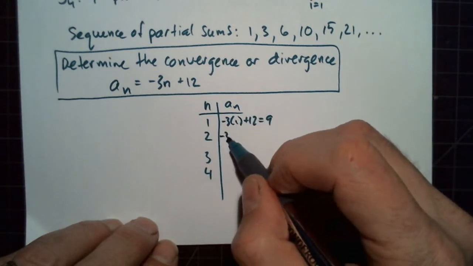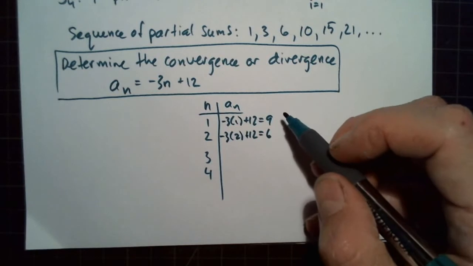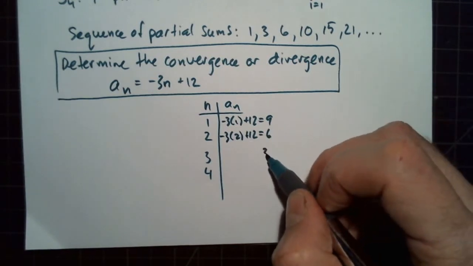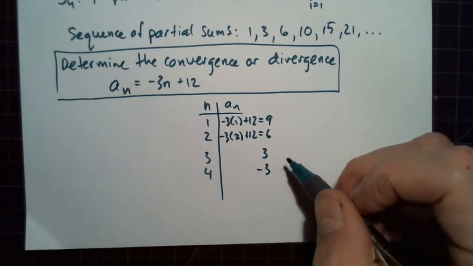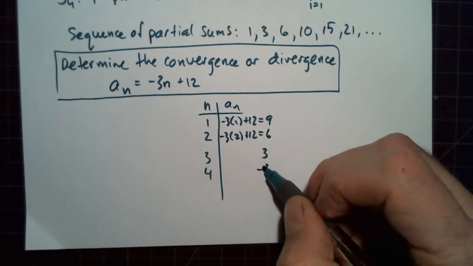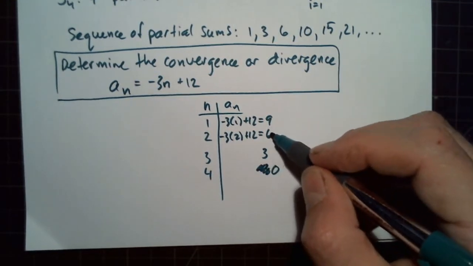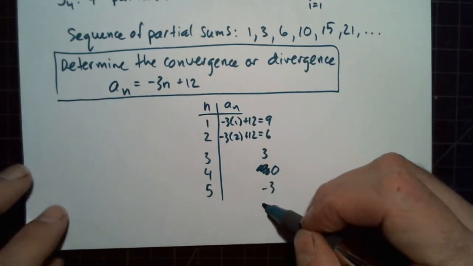Then we'll go negative 3 times 2 plus 12 equals 6. And 9, 6, 3, oops, it goes 3 at 4. We're going to have a 0. And we're just subtracting 3. Minus 3, minus 3, minus 3, minus 3, minus 3.